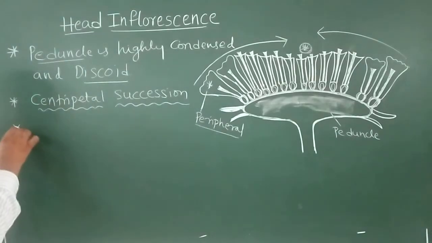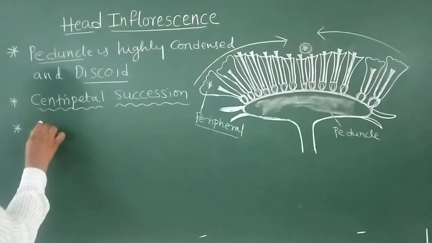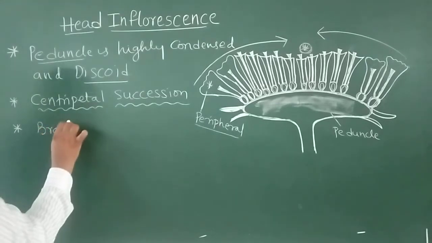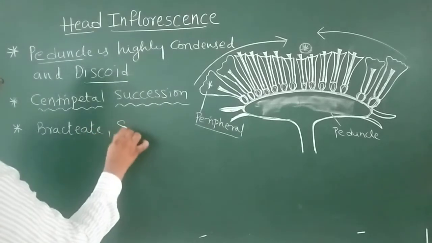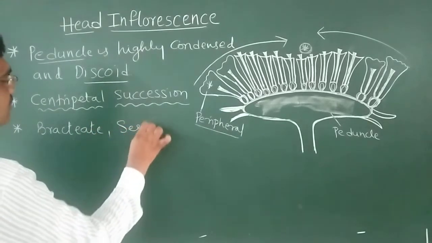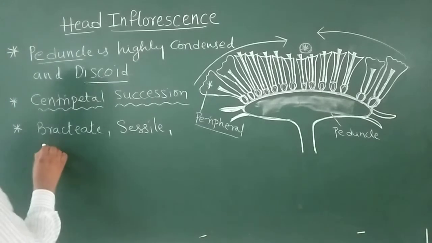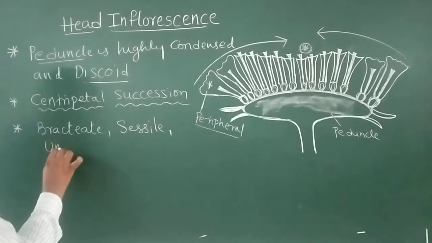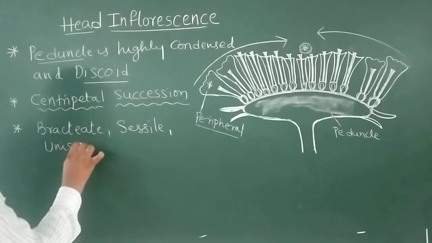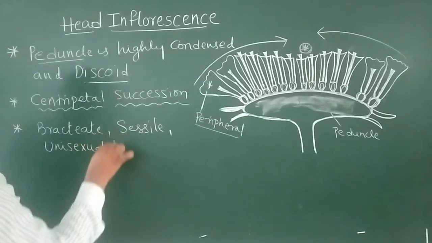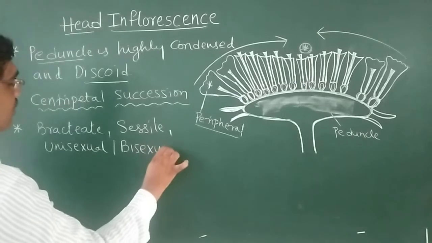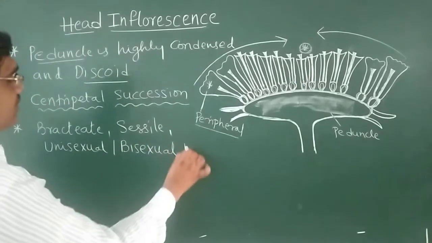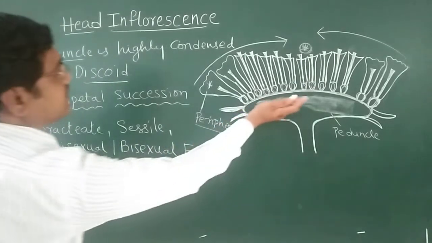So on the peduncle, which type of flowers are there? The flowers are bracteate, sessile, unisexual or bisexual.